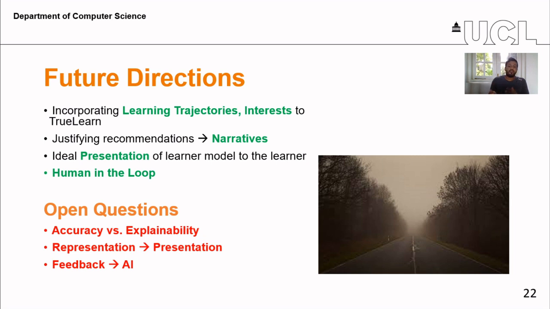Then how do we go from the representation we have to the presentation, which is the physical form that the learner would see this information coming from the AI. Then the final part is, now we provided opportunity for the users to scrutinize the system, but how do we effectively use that feedback to shape the AI in a more correct or an improved form?